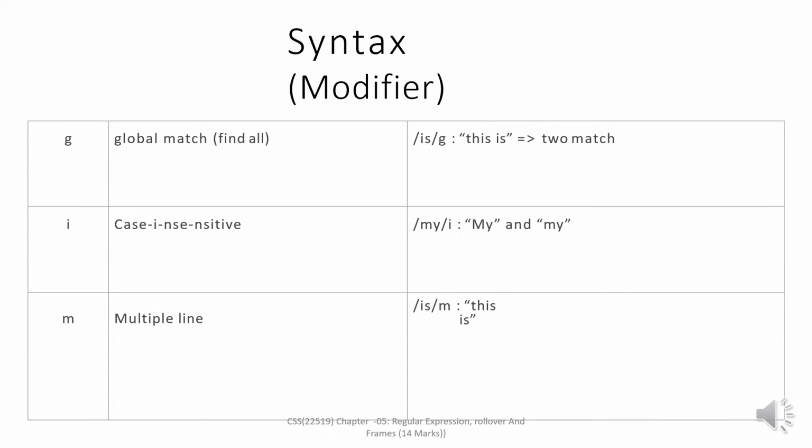Then syntax for modifiers: g for global match, find all, /g. i is case insensitive, meaning my will match the small my and also the capital My. m is multiple lines, meaning multiple lines will be matched.